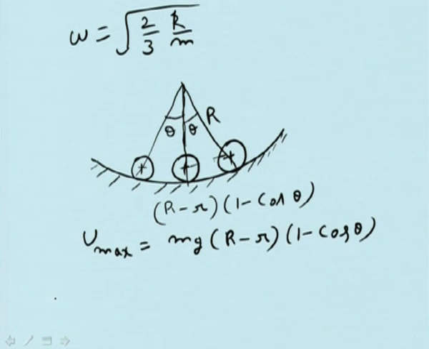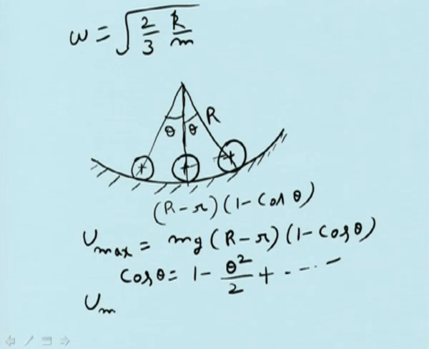Now if we assume that theta is small, then cos theta can be written as 1 minus theta square by 2 plus other terms, where theta is in radian, therefore 1 minus cos theta is theta square by 2.